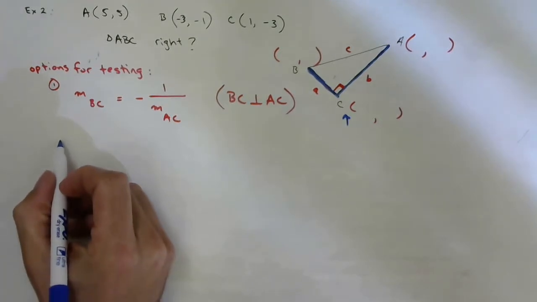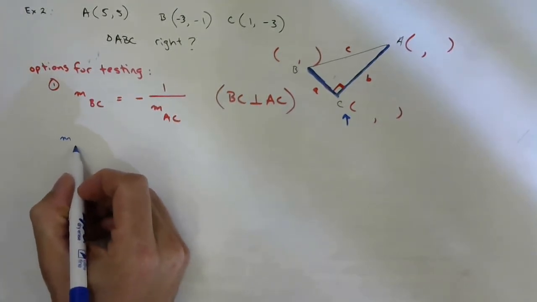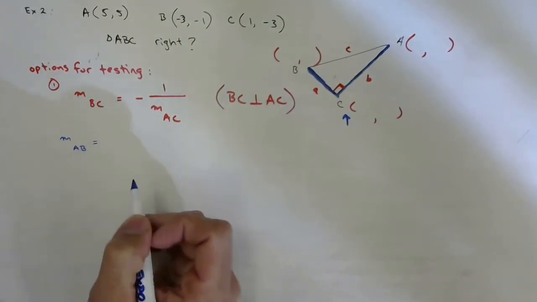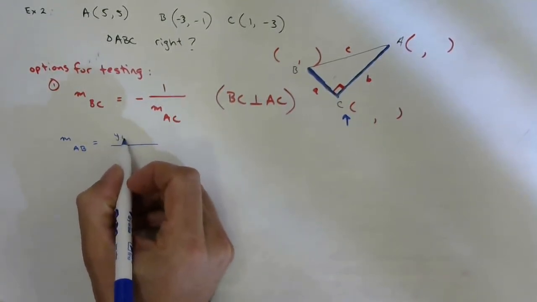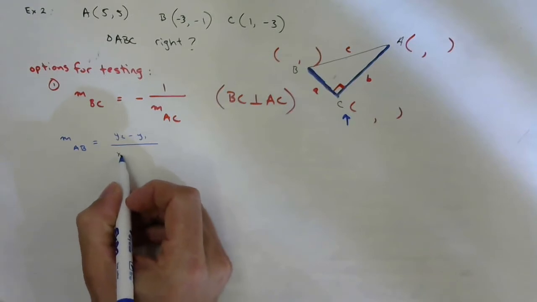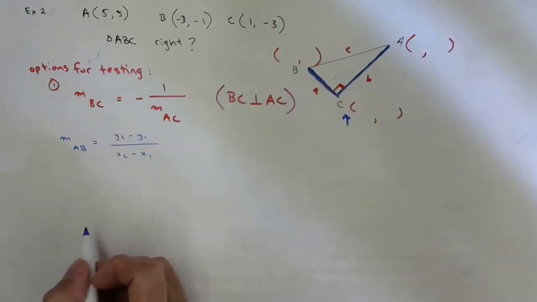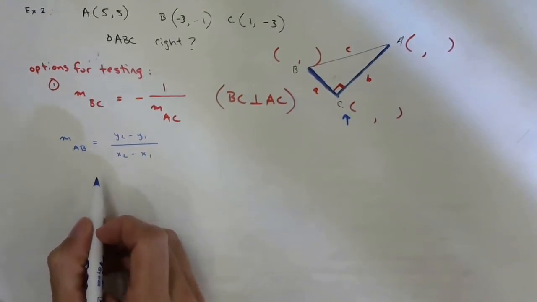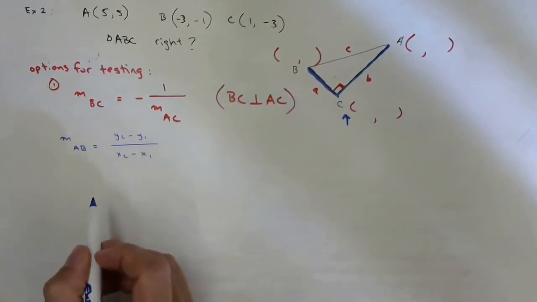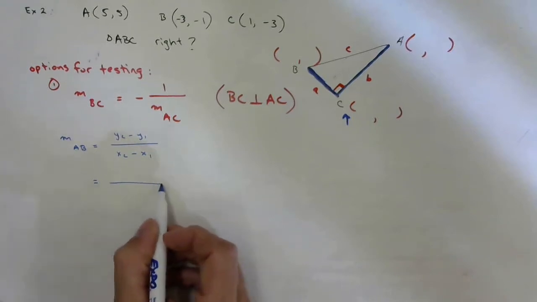So let's do that. We're going to go for the slope of AB. Copying down my slope formula, y2 minus y1 over x2 minus x1. Because it's the slope of AB, I'm using points A and B, and it does not matter which one I call x1, y1 and which one I call x2, y2.